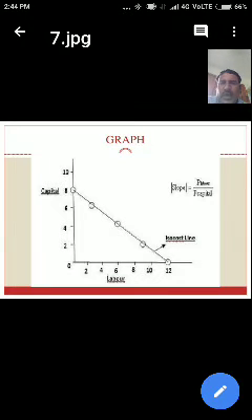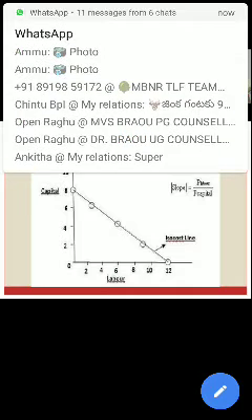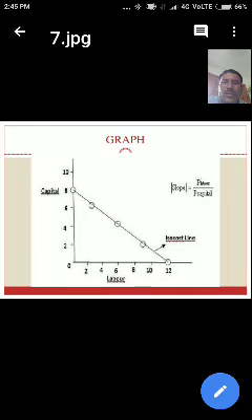Here, 8 units of capital and 12 units of labor, we join the points with a line, left to right, downward and straight. Joining the points of 8 units of capital and 12 units of labor gives the isocost line. This represents, within the limited budget, how many units of capital and how many units of labor the producer can use for the production process.